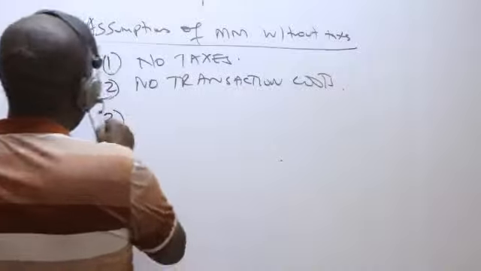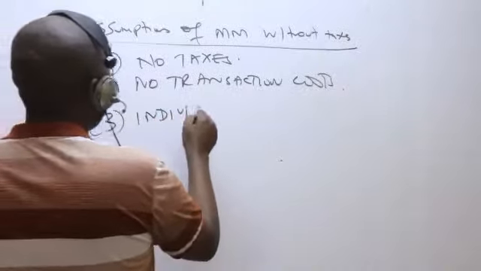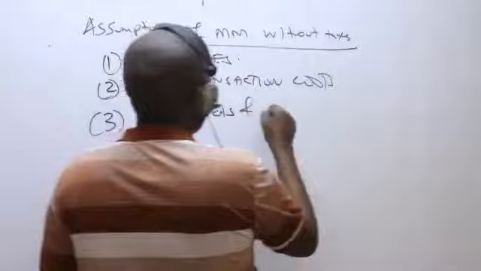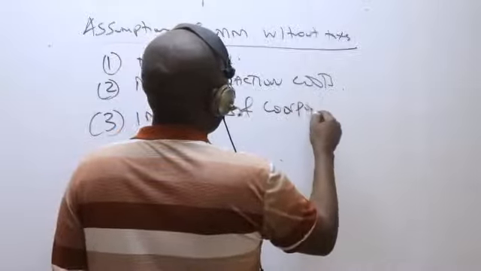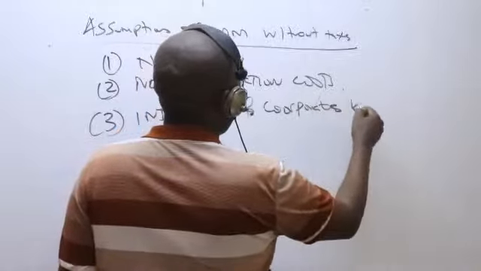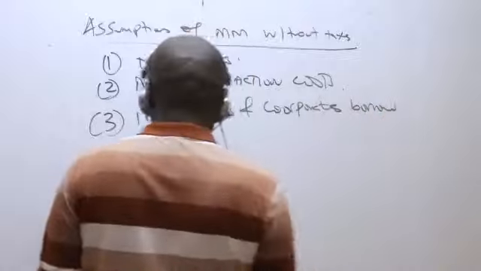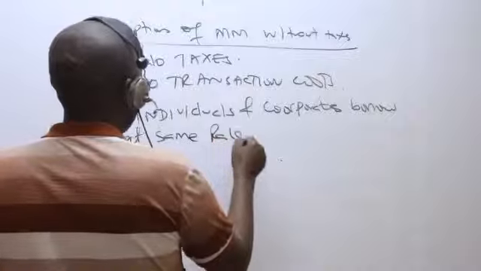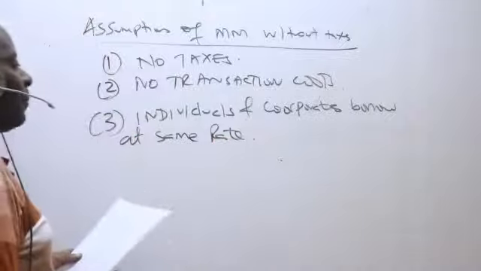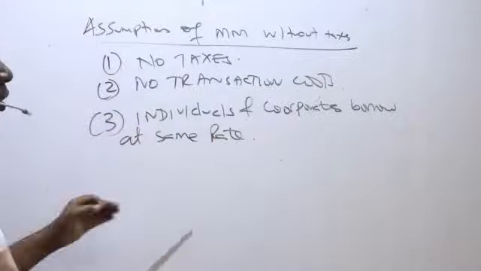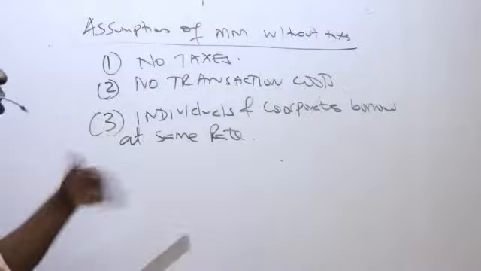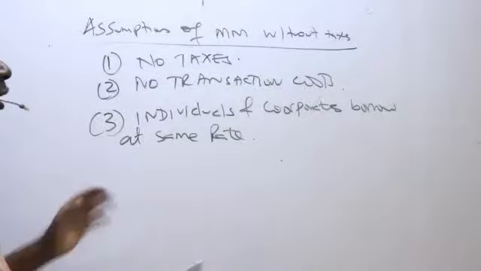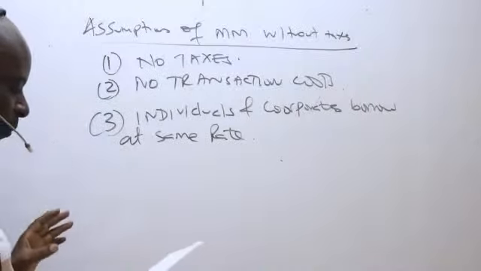Number 3, individuals and the corporates borrow at the same rate, meaning that KD is known in advance and will remain constant for individuals and the corporations.